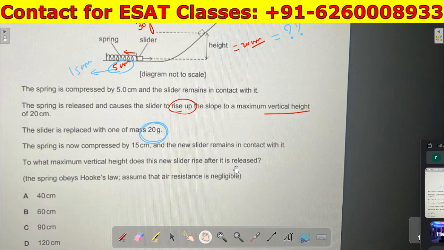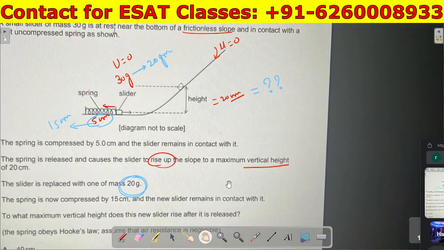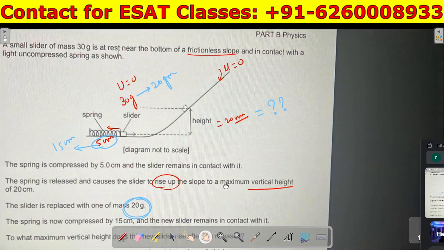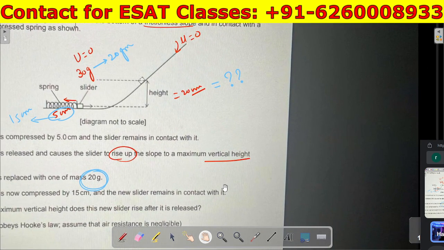Please tell me, do you have any idea how we can attempt this question? We can find E equals half fx, which is equal to half kx square.